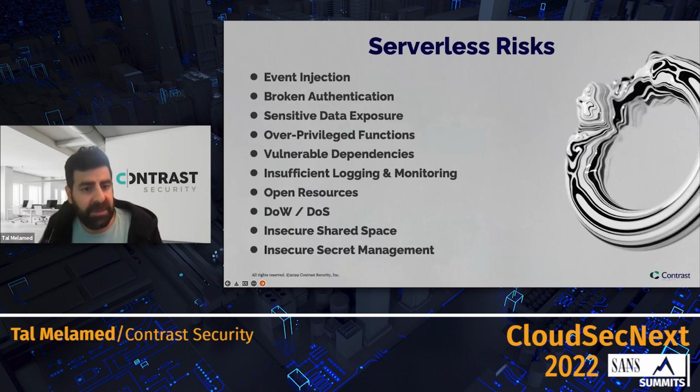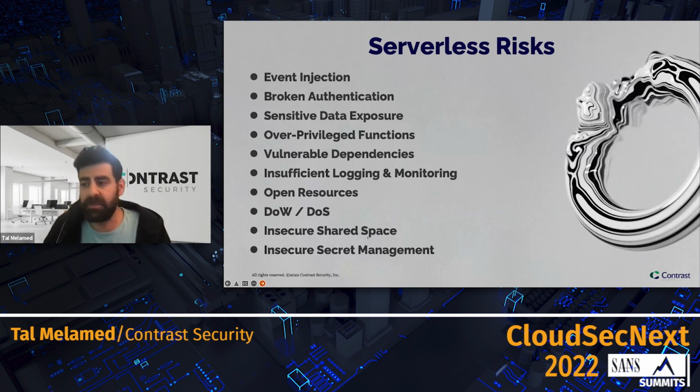All right, so there are many serverless risks. Some of them are really equal to what we've known before. So event injection is basically what we know as the injection attacks. They are a little bit different because they can come from unexpected sources like voice commands or files or emails or queues or things that we weren't dealing with before.